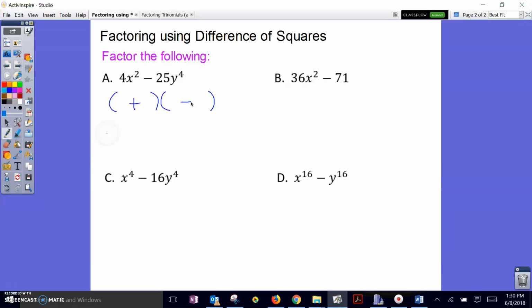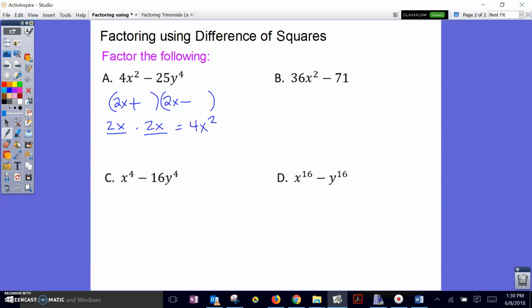I ask myself, what times itself gives me 4x squared? Well, 2 times 2 gives me 4, and x times x gives me x squared. So 4x squared is the quantity 2x squared. And so I can fill 2x in as the front portion in both of these parentheses.